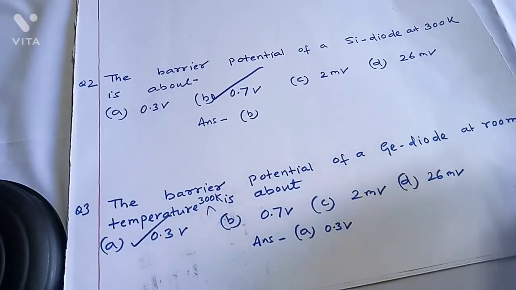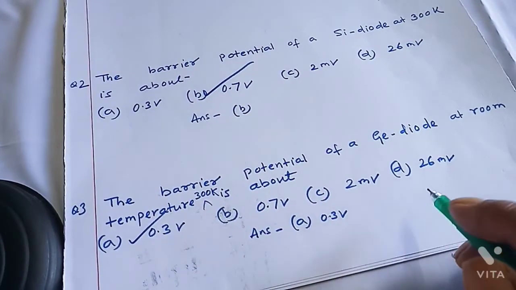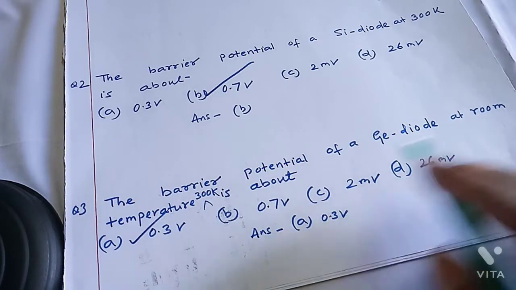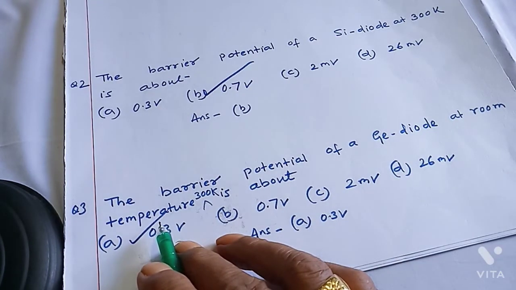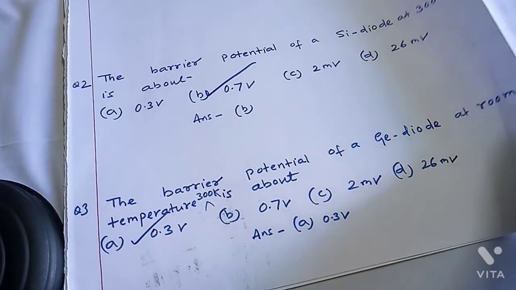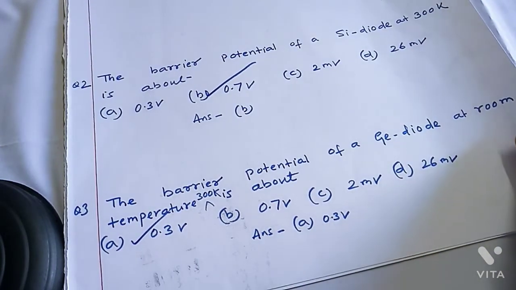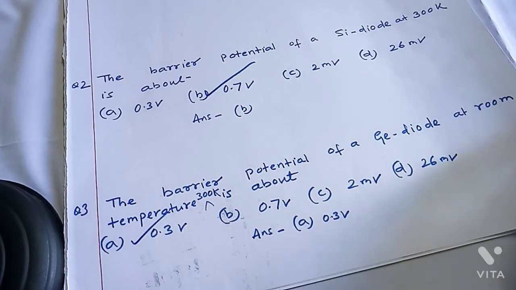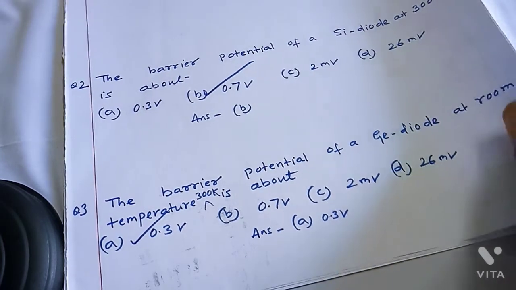Next question: the barrier potential of a germanium diode at room temperature, that is 300 Kelvin, is about 0.3 volt, 0.7 volt, 2 millivolt, 26 millivolt. The correct choice is 0.3 volt.